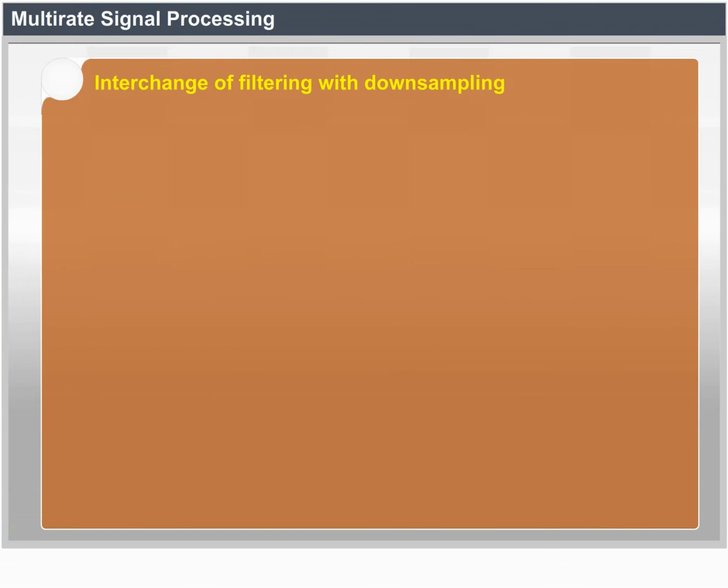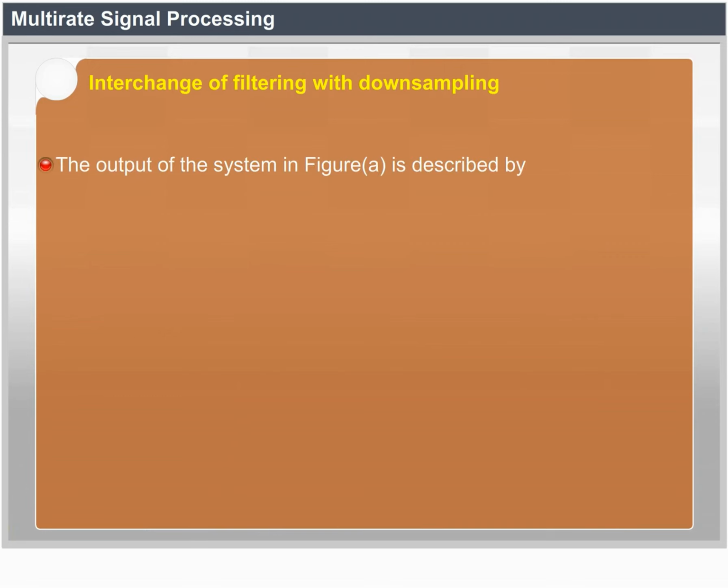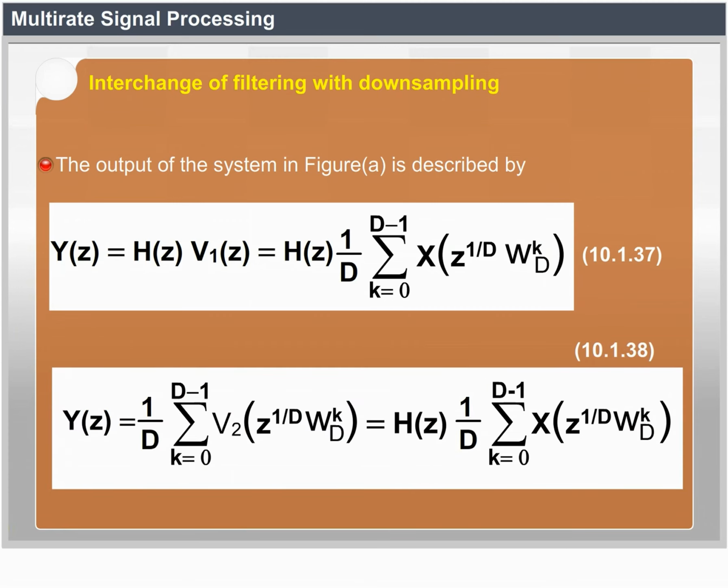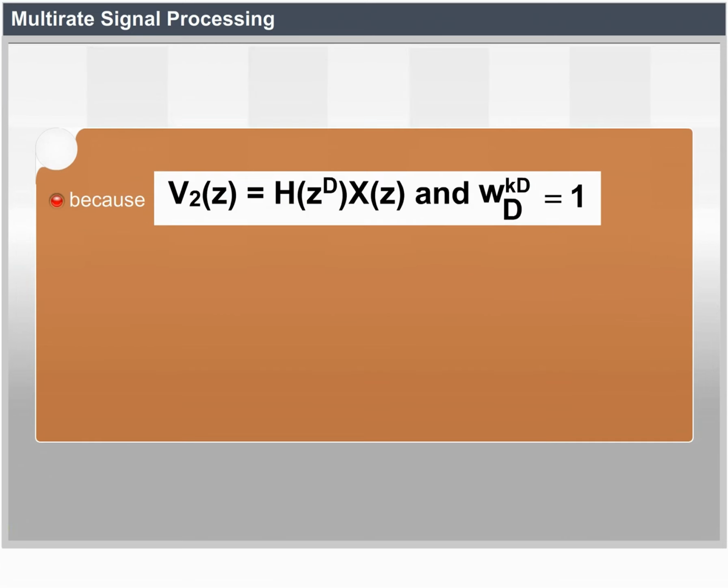The output of the system in figure A is described by Y(z) = H(z) V1(z) = H(z) (1/D) Σ_{k=0}^{D-1} X(z^{1/D} W_D^k), called equation 10.1.37. Y(z) = (1/D) Σ_{k=0}^{D-1} V2(z^{1/D} W_D^k) = H(z) (1/D) Σ_{k=0}^{D-1} X(z^{1/D} W_D^k), called equation 10.1.38, because V2(z) = H(z^D) X(z) and W_D^{kD} = 1.